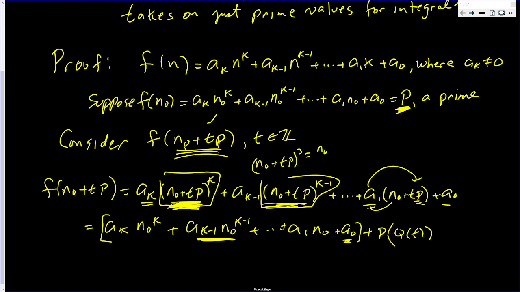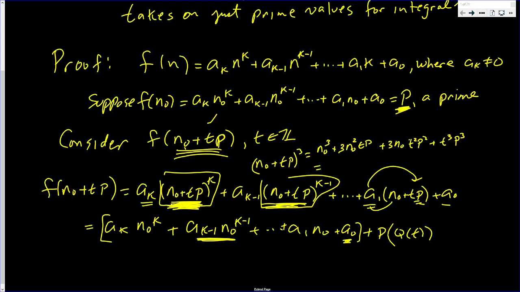It's going to be n0 cubed plus 3 times n0 squared tp plus 3n0 t squared p squared plus t cubed p cubed.